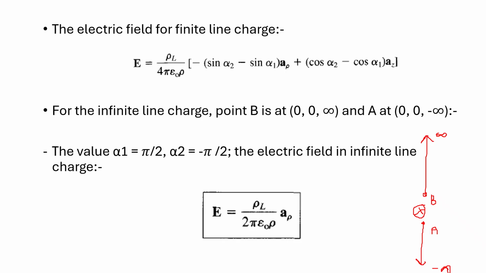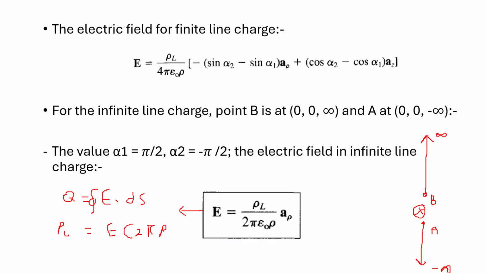Or you can use the Gauss law. With the Gauss law, you have the enclosed charge Q, which gives information about the amount of charge, equal to epsilon naught E times the surface area. For the cylinder, the surface area is 2 pi rho.